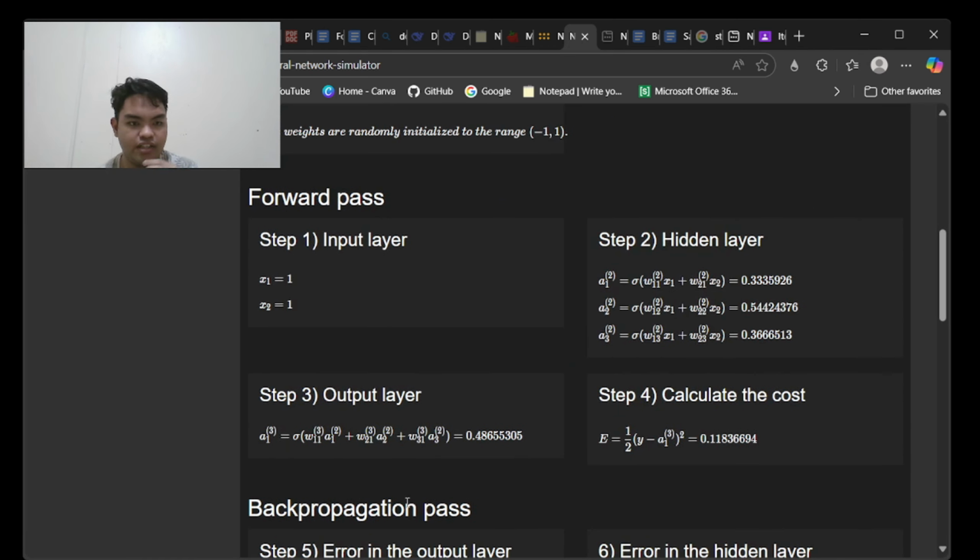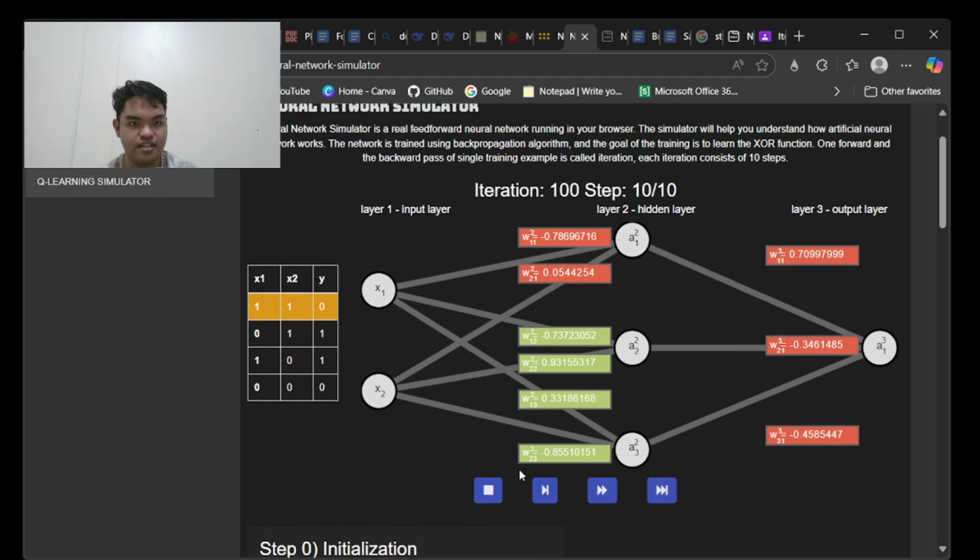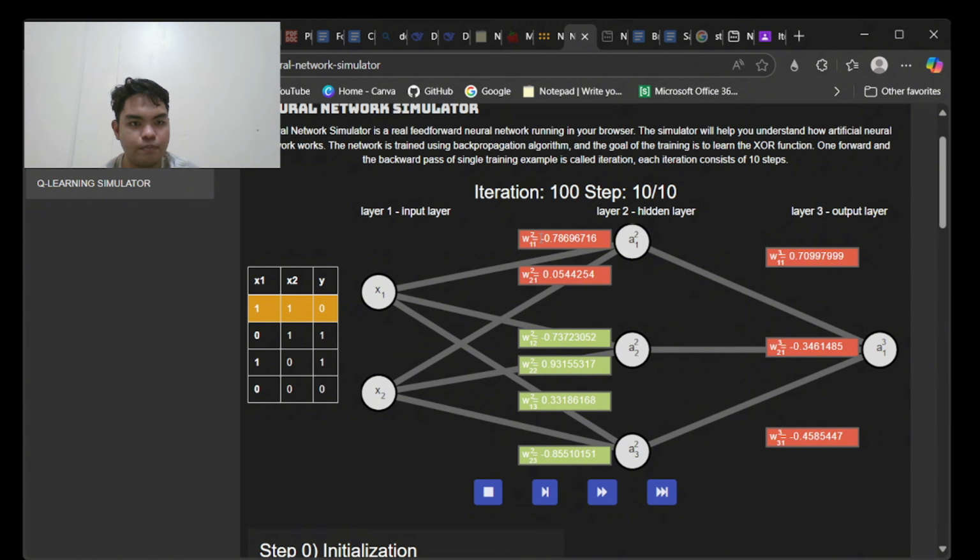And for the hidden layer, the activations are negative 0.78, 0.05, negative 0.73, 0.93, 0.33, and negative 0.5.